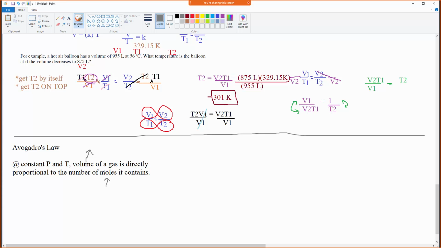It is so weird. It doesn't matter whether I'm talking about a mole of carbon dioxide or a mole of water or a mole of sulfur hexafluoride or a mole of helium. 1 mole of any gas at constant pressure and temperature has the exact same volume as a mole of any other gas. And that's kind of weird. Isn't that weird? It's weird.